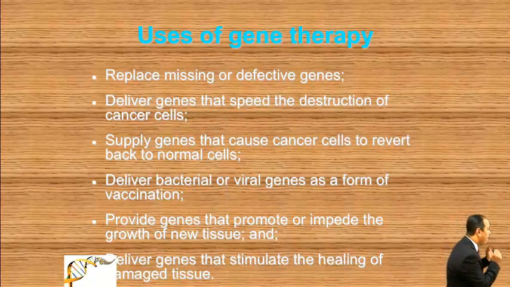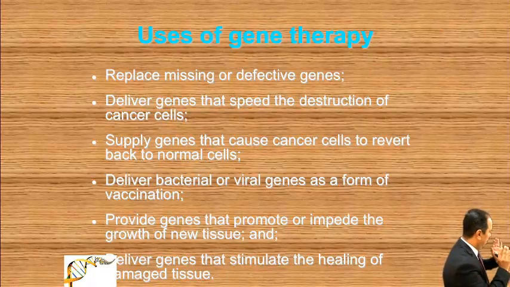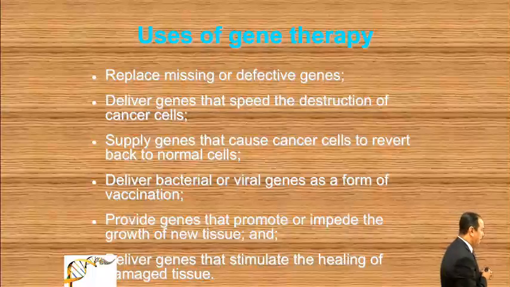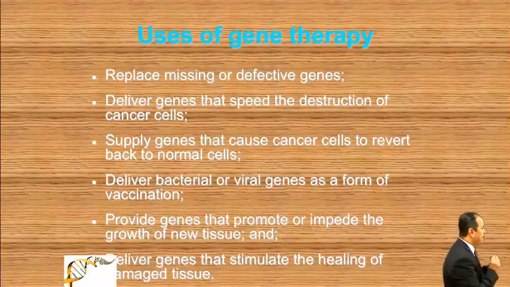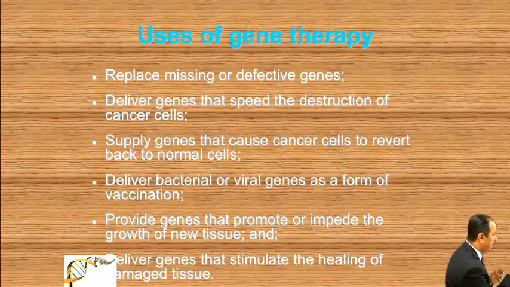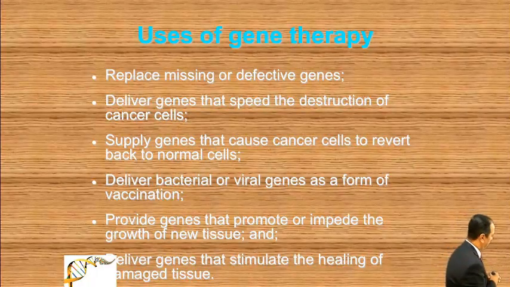That means the patient can return to the original state. But if the patient is in the stage from transformed to tumor to malignant cells, this stage is irreversible. That means the malignancy will not be reversed to the original state, and it is so difficult to treat.